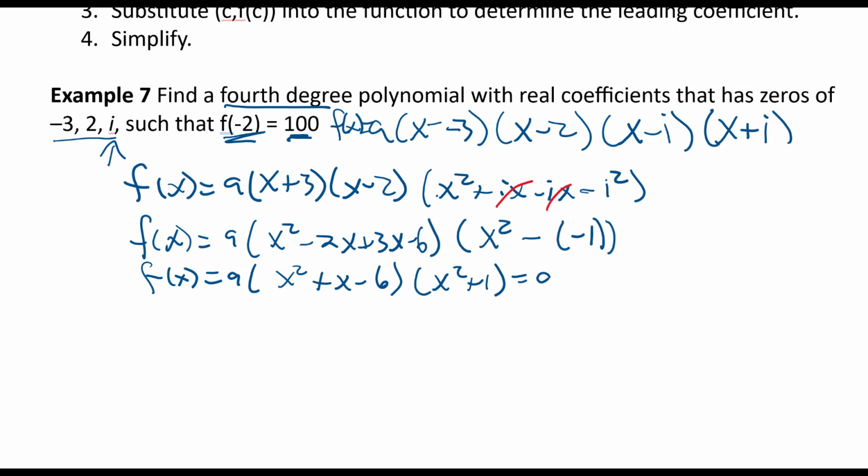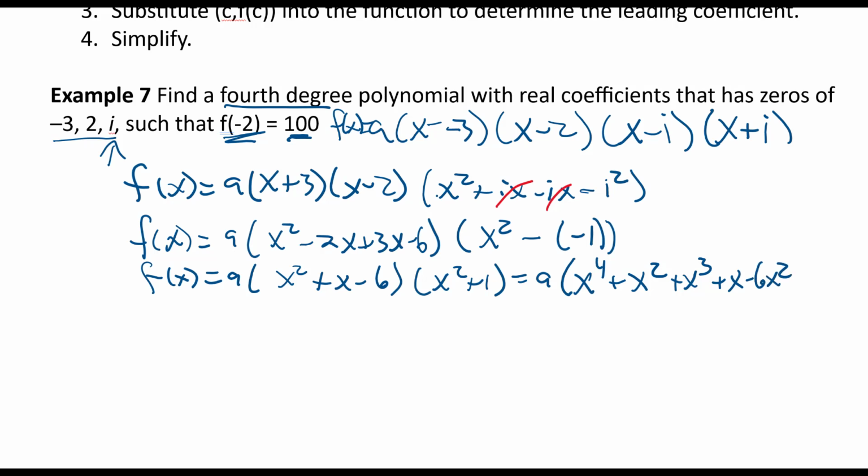And that would be a times x squared times x squared is x to the 4th. x squared times 1 is x squared. x times x squared is x cubed. x times 1 is x. Negative 6 times x squared is minus 6x squared.